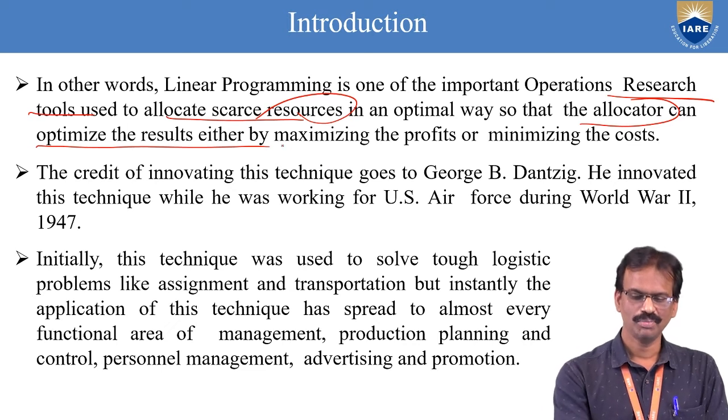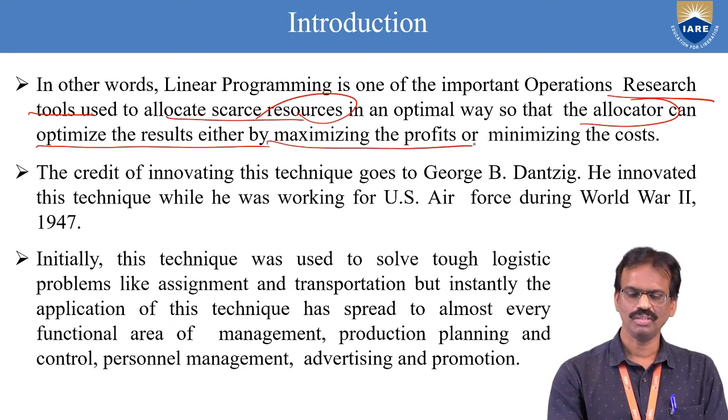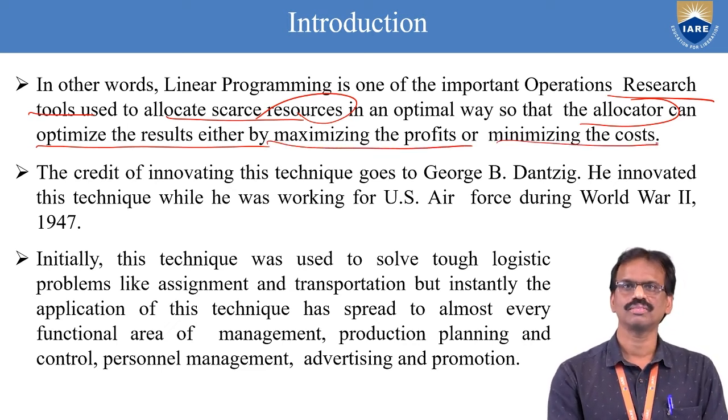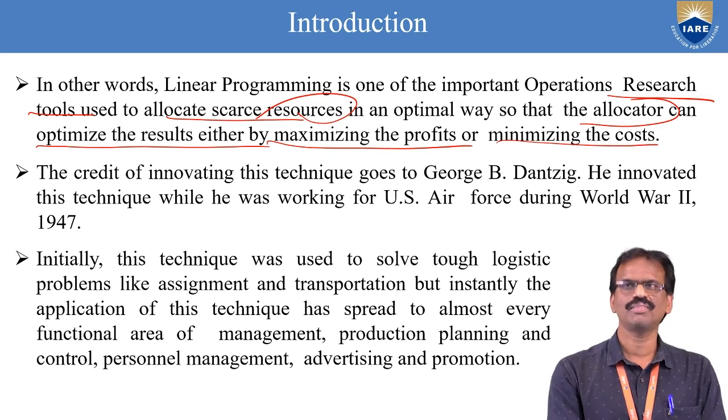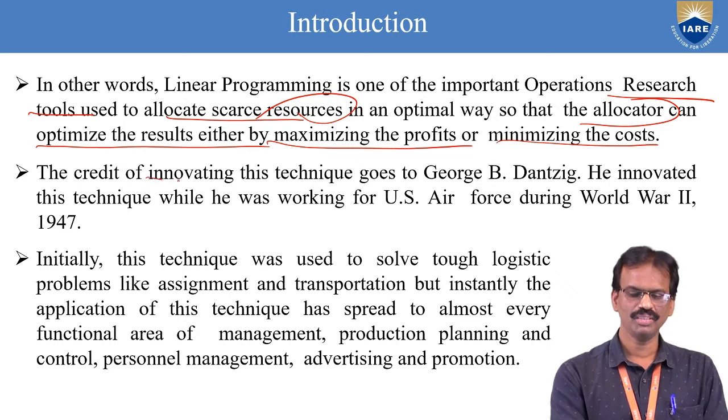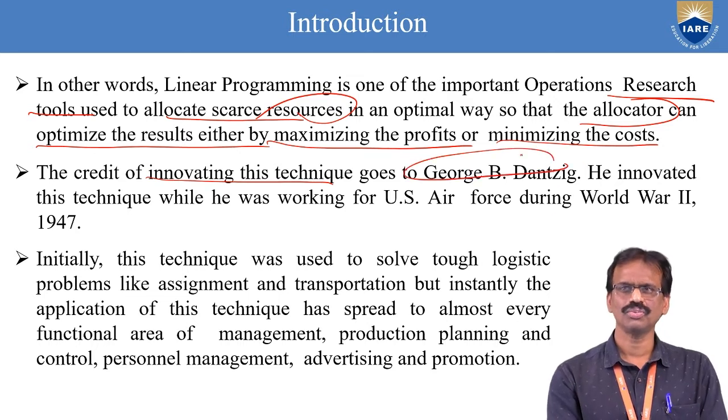Either it is maximization of profit or minimization of cost. Allocation of minimum resources in an optimal way is a very important point. The credit for innovating this technique goes mainly to George B. Dantzig, the inventor of this technique.